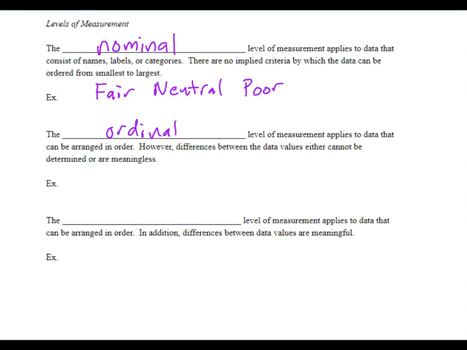So for example, class rank. Now hear me out. Let's say that Jim is first, Sue is sixth in line, and then there's Brett, who's the 12th. Now if we're talking about the class rank number, then the difference between these does have meaning, but let's talk about their averages.